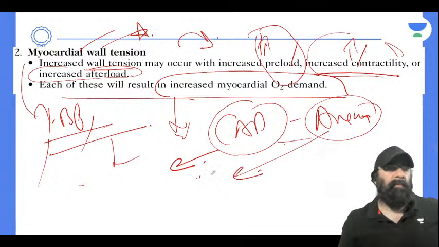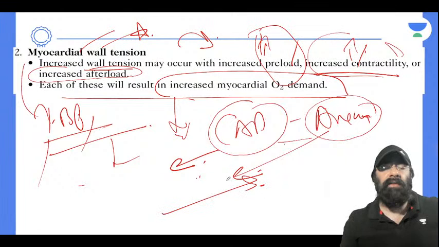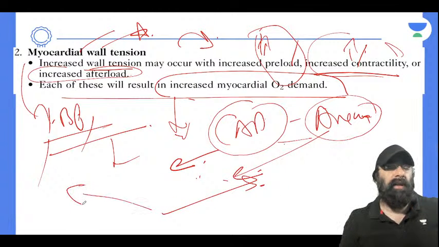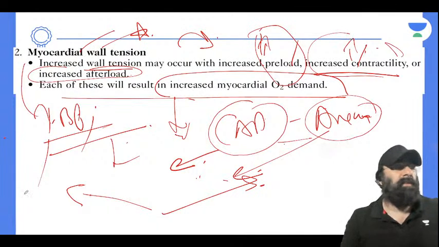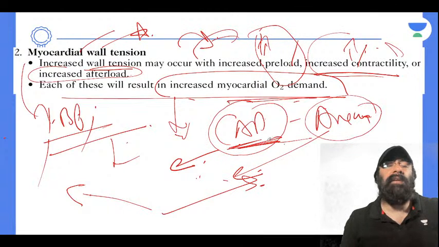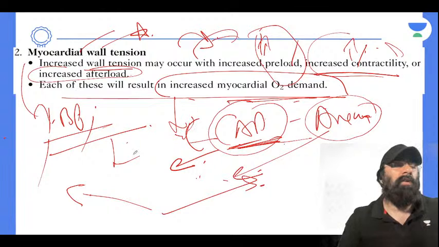In case of anemia, on one hand you will try to increase the hemoglobin concentration, on the other hand you make sure that the heart rate, the blood pressure, the preload, the afterload, everything is also controlled, so that myocardial oxygen demand is not mismatched, or else whatever coronary artery disease is there will be symptomatically augmented.